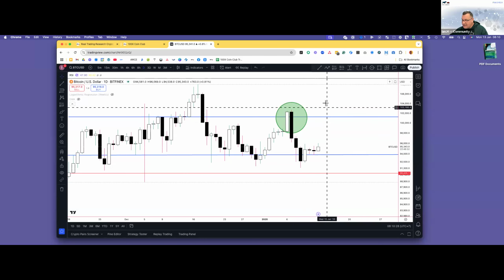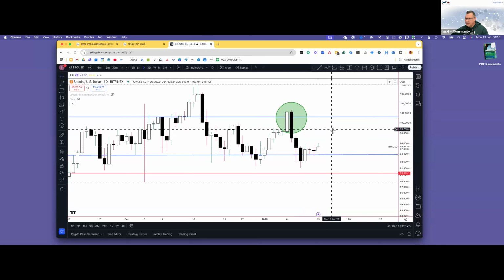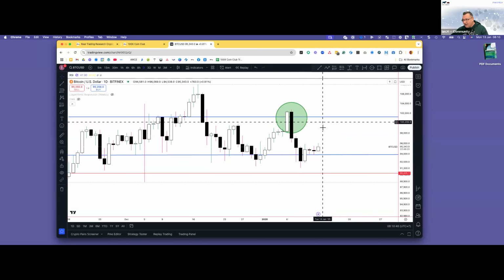We would break through there, and then we would come back down. I know that wouldn't be the lowest low in 10 bars, because now we would be retesting this line here. If we close above it, the retest would be: can we close the next day still above that line?